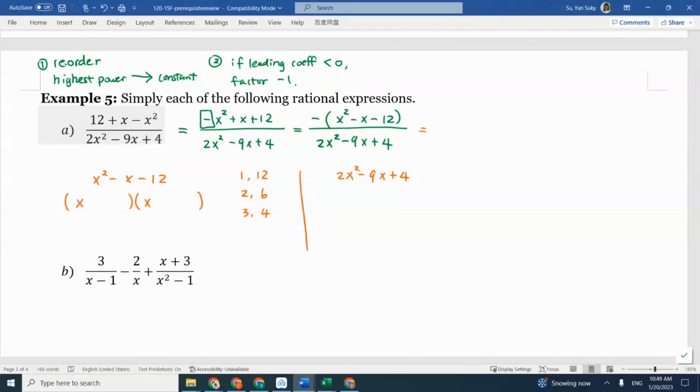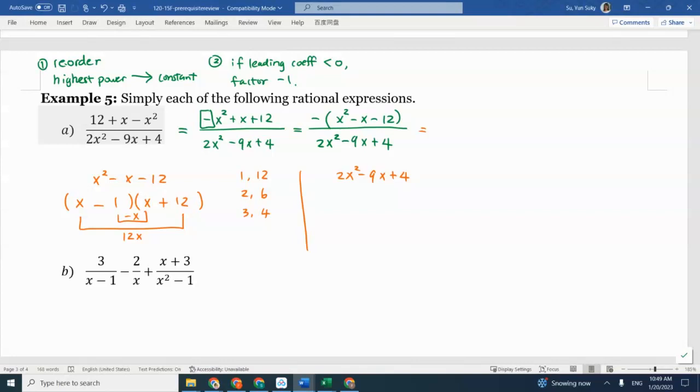Let's try 1 and 12. We know one of them is negative. Let's put negative here and here. Then you see, 12 times x is 12x. Here is negative x. When you add them together, you get 11x. That's not negative x, right?